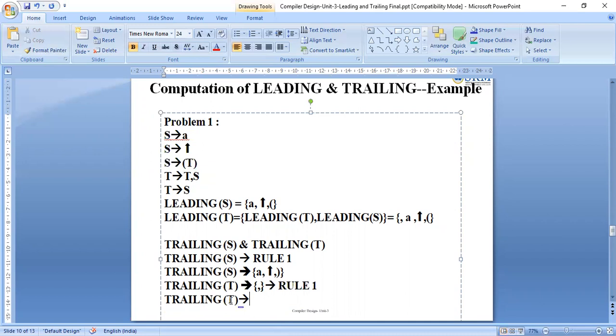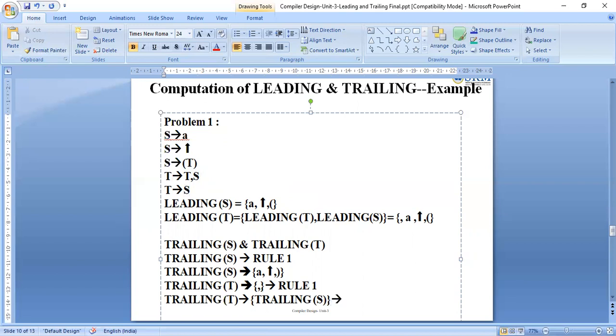What is the last non-terminal symbol in the production? It is s, comma. Here also we have trailing of s, which is the same as trailing of s. So you can stop with this and skip the other.